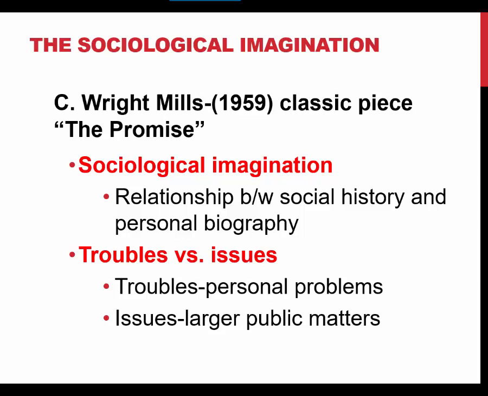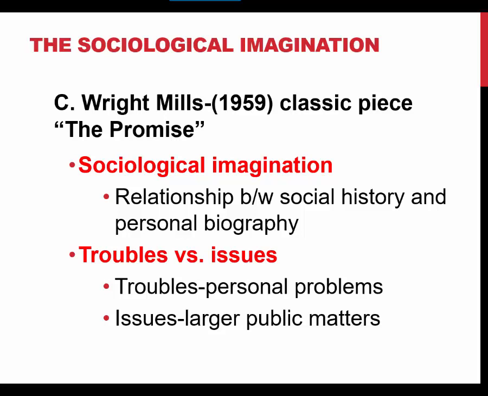So, as the president of the ASA, C. Wright Mills wanted to motivate people, like a football coach giving a stirring halftime speech to amp up his team. In this case, the team were sociologists themselves, and so he gave this piece where he presented this idea of the sociological imagination.